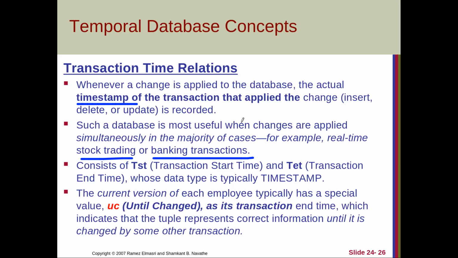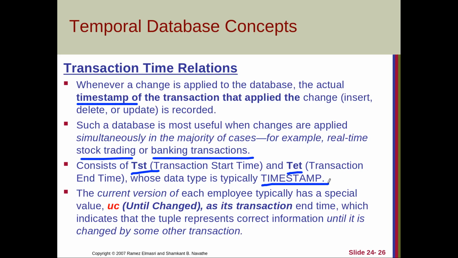Now, a transaction time relation consists of a transaction start time and a transaction end time, as I mentioned in the previous employee table, whose data type is typically timestamp.